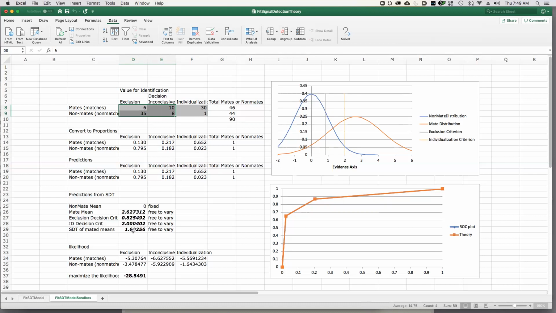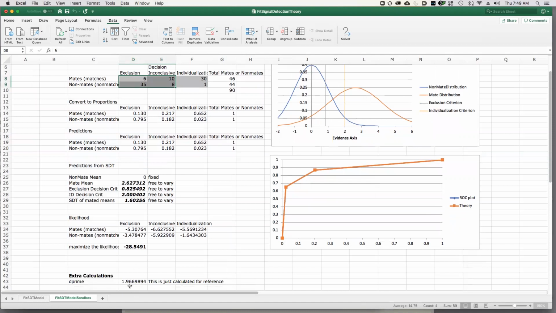It just means that it's difficult for us to assess the goodness of fit in the model. So that's the way that you use this particular tool to compute 2 things. One is you can compute how good the examiner is, and that's found in this D prime calculation. It's also sort of a combination of the mated mean and the standard deviation. But the other is to think about how conservative the examiner is.